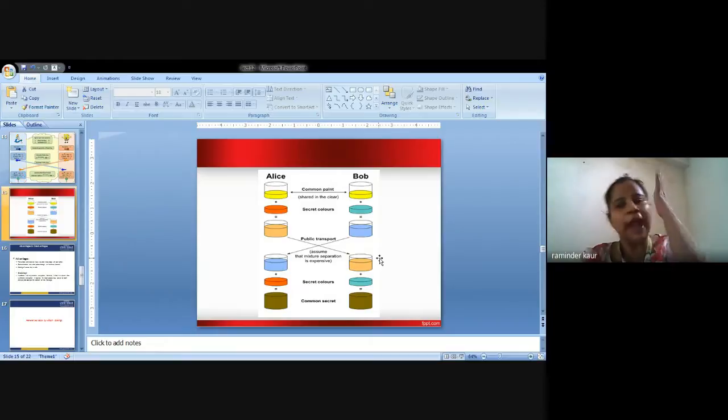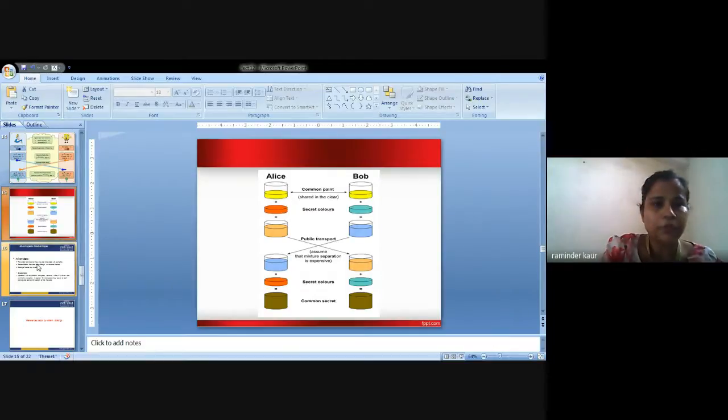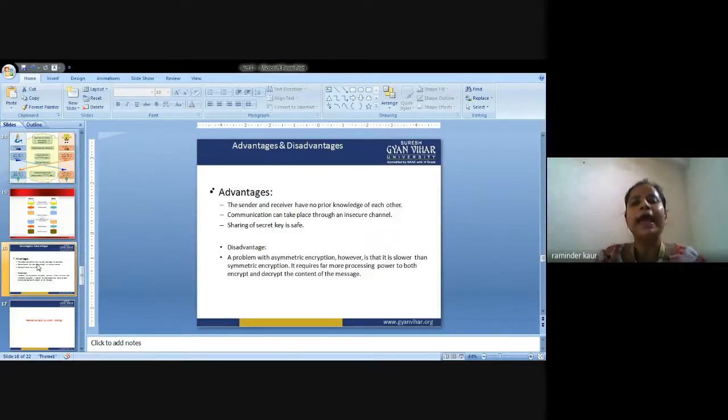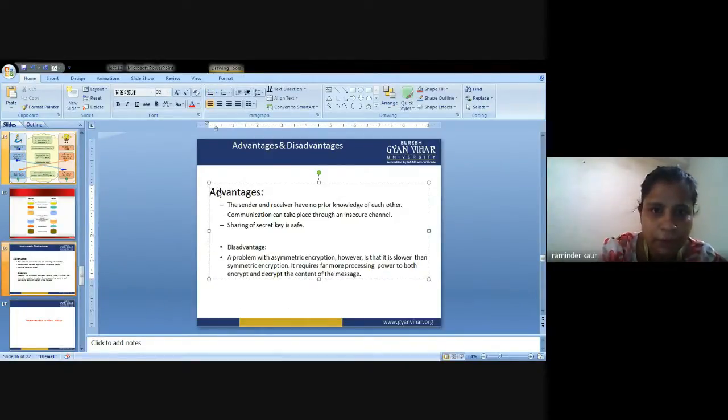You can choose any one technique so that you can have a better understanding of this algorithm. Next I am going to discuss the advantages and disadvantages of the algorithm. Just have a look, we will discuss one by one.